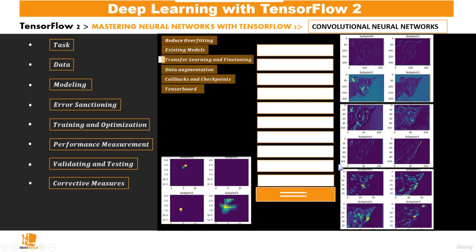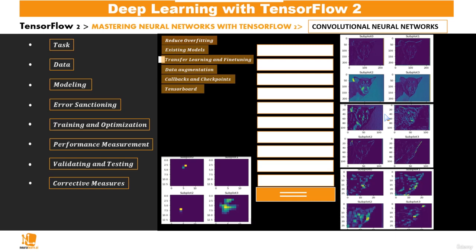But what's important to note here is the ability for the same model to be used in another task, since the model has already been trained to extract these very important low-level features which are found in images.